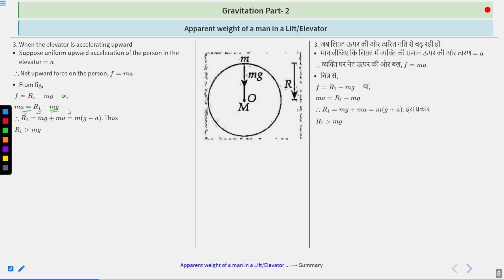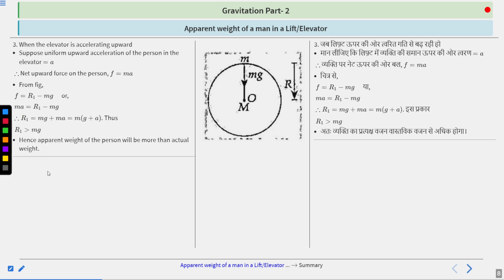Therefore, R1 = mg + ma = m(g + a). Thus, R1 will be greater than mg. Okay. Hence, the apparent weight of the person will be more than the actual weight. So when the elevator is accelerating in the upward direction, always remember that the apparent weight of the person is higher than the actual weight of the person.